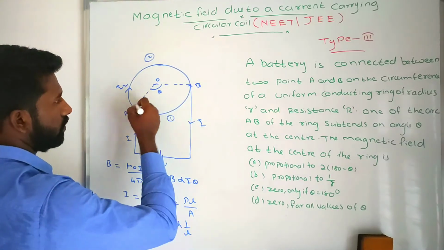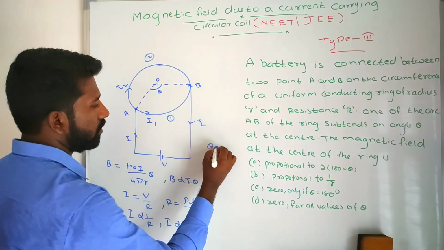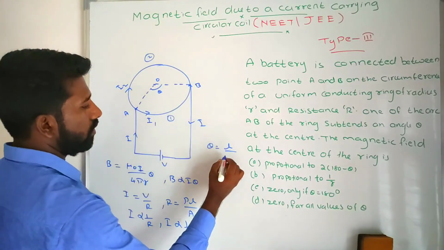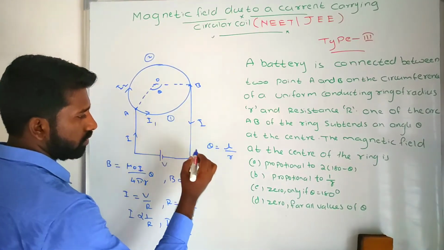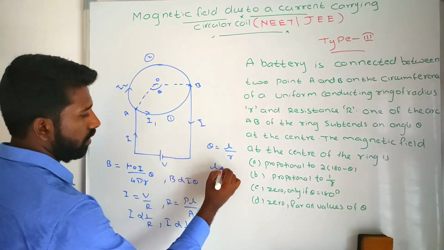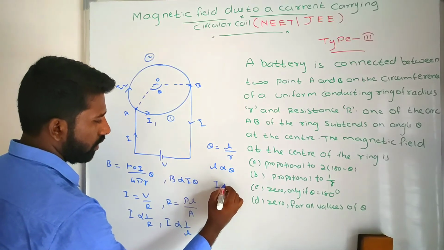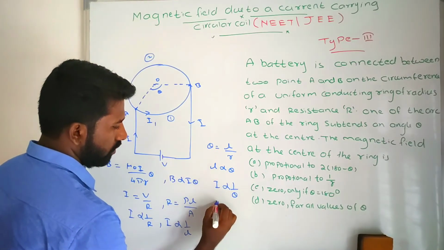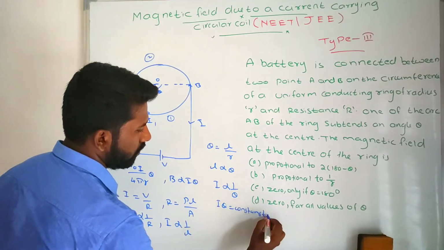Okay. Then from this, what about the theta? Theta I will get as arc length divided by radius. Arc length I am taking as L and the radius is R. So this R is a constant. So I can say that L is directly proportional to theta. So now I can say that I is inversely proportional to theta. That is, I theta is a constant.